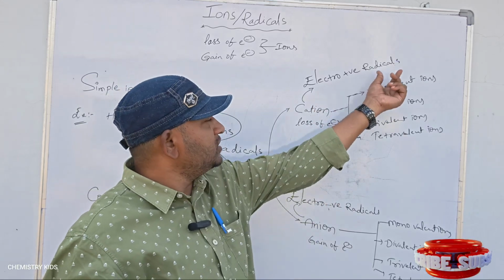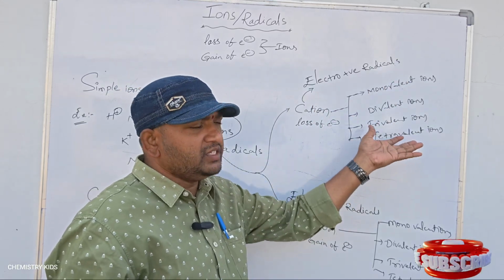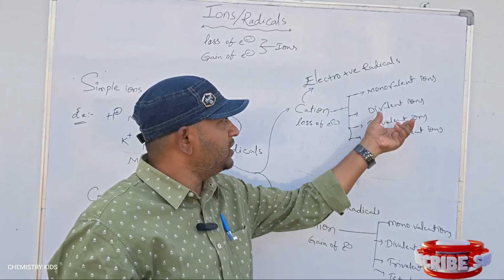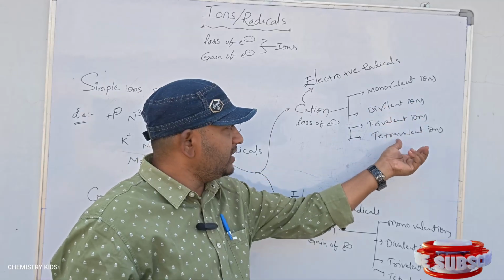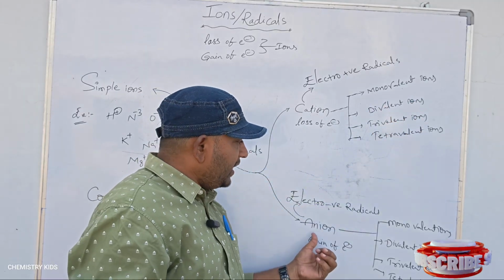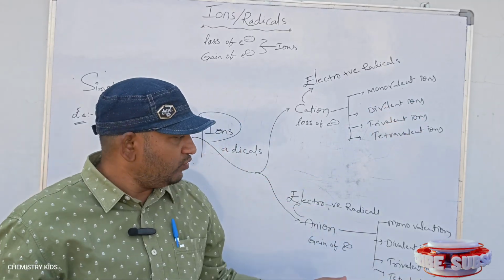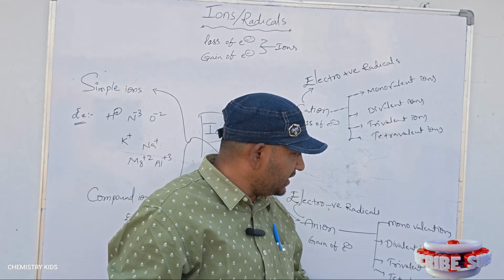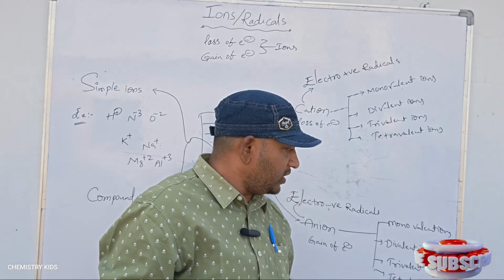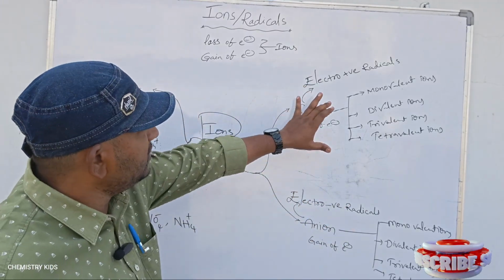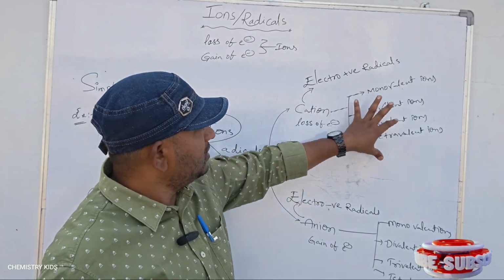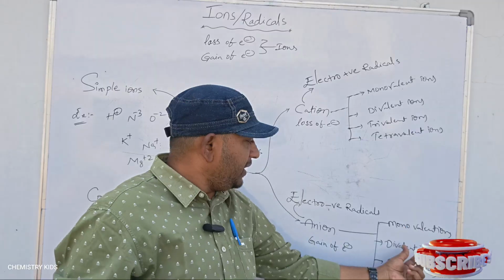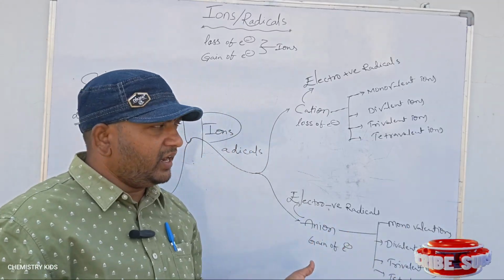First, the electropositive radicals are classified majorly into four types: mono, di, tri, tetravalent ions. Anions are also classified into four types: mono, di, tri, tetravalent ions. In this class we are discussing these types of cations and anions.